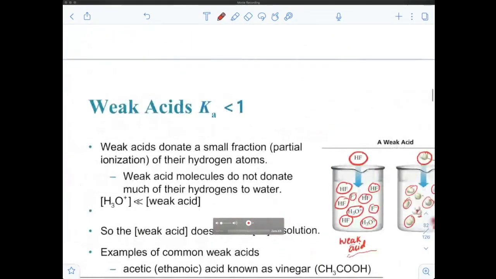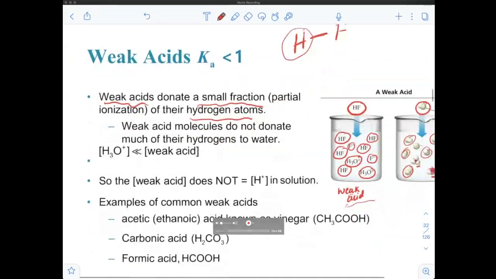So going back here, we're told weak acids donate just a small portion of their hydrogen atoms because the bond between the hydrogen and the fluorine is actually strong. It's not weak. This hydrogen is held strongly, so you can't easily pop it off from the fluorine, right? So if hydrogen is given off, very little of it is actually given off. And here we're told that weak acid molecules do not donate much of their hydrogens in water.